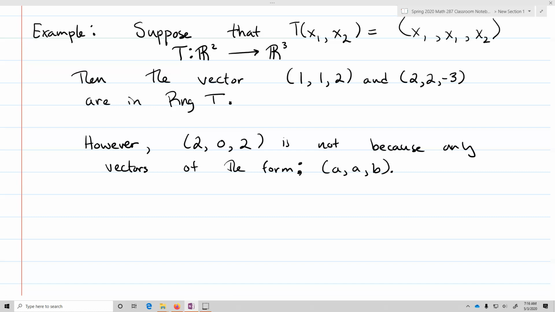Well, the vectors 1, 1, 2 and 2, 2, negative 3 are in the range of T, because if x1 equals 1 and x2 equals 2, then we have 1, 1, 2. Or if x1 equals 2 and x2 equals negative 3, we have 2, 2, negative 3. However, a vector like 2, 0, 2 is not, because only vectors of the form a, a, b are in the range of T.